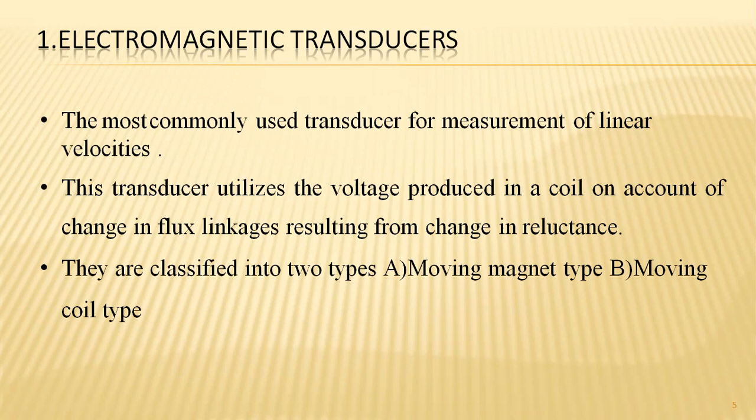So it is based on the range of this EMF produced in the coil, which leads to magnetic flux variations or linkages and results from the change in its variations.